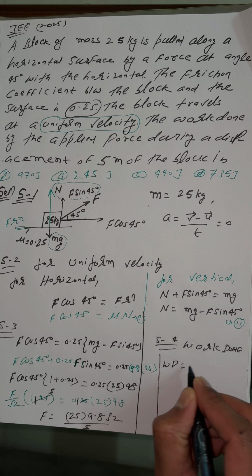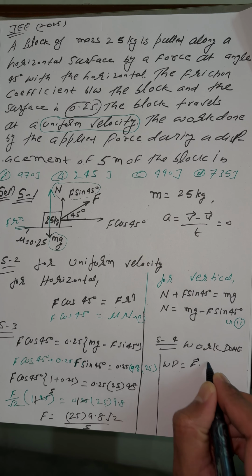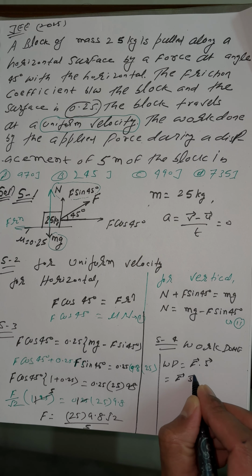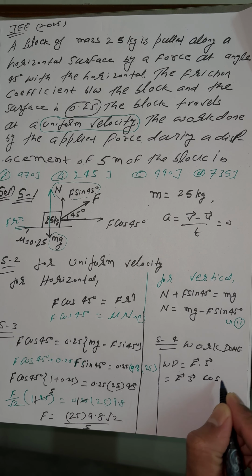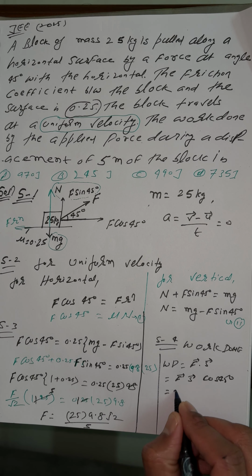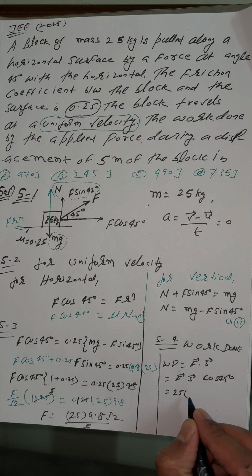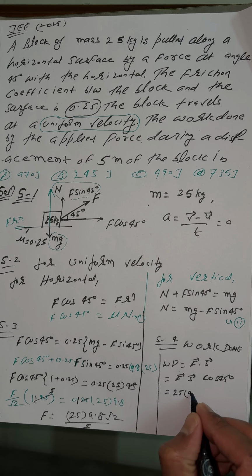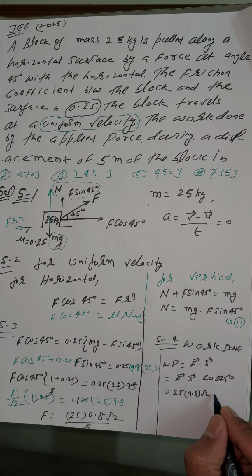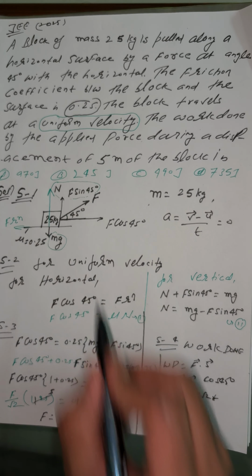So what is work done? F dot s, or you can say F s cos 45 degree. So what is the force, student? Already found, as I calculated, 9.8 root 2 times 5. And what's the displacement, student? This is 5 meter.